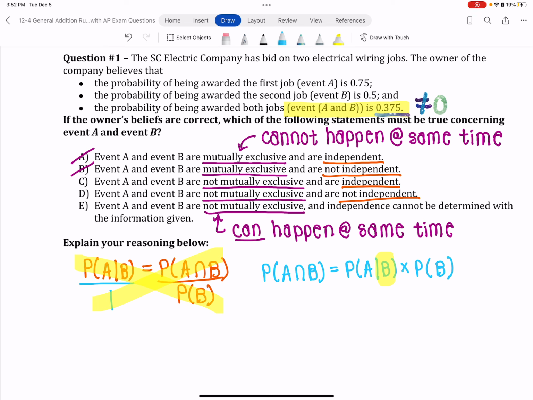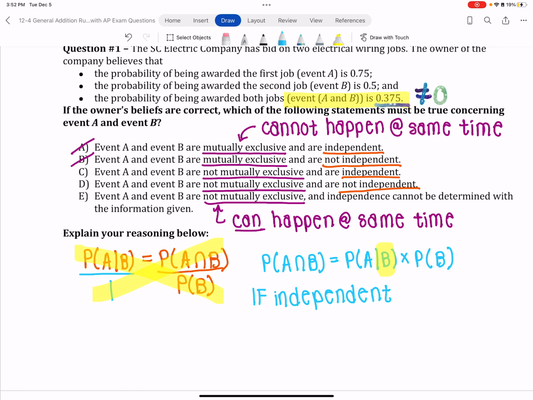Well, if these two events are independent, where the probability of A happening has no effect on the probability of the outcomes of B, then we really have probability of A and B happening as equal to just probability of A times the probability of B.